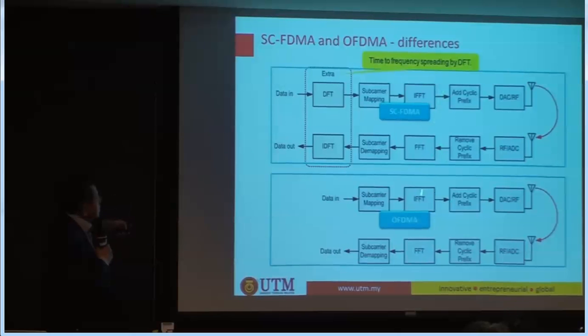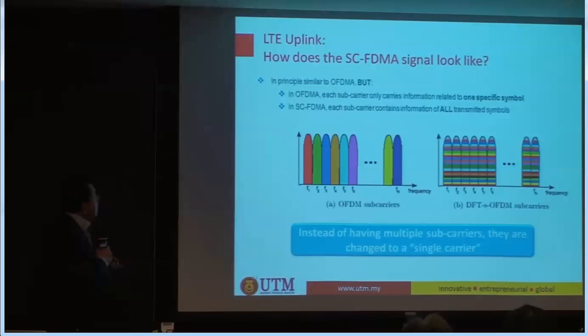This is the difference. The single carrier only has the additional DFT component at the transmitter and at the receiver. The other components, if you compare with OFDM, are similar. So the extra component spreads out the symbols into different subcarriers by using this DFT. That is the difference.